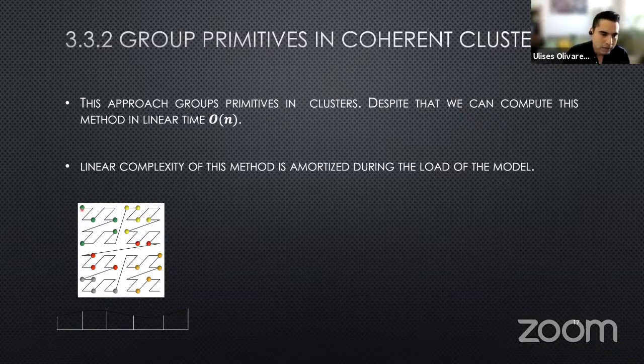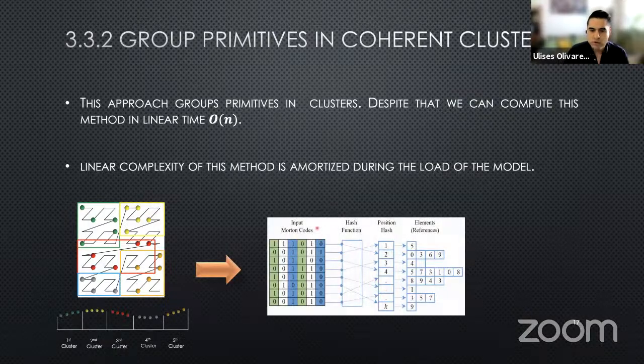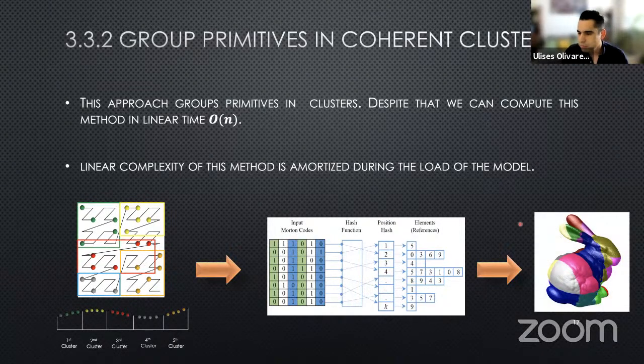With that single value, if we order those elements, they will follow this Z order, which is actually interesting because we can clusterize data using this order, and we can make our first clusters. Once we define those clusters, we are going to match those input Morton codes using a hash function, and we can do it in constant time, and then we can map those input Morton codes to specific clusters. As a result, we're going to have our geometry partitioned in coherent clusters.